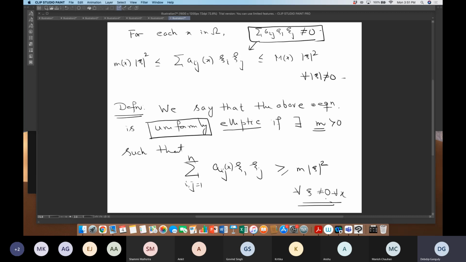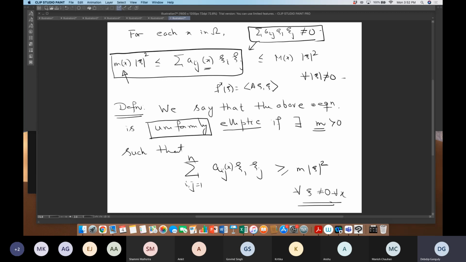Is that clear? Here, using ellipticity, I have obtained a_ij(x) xi_i xi_j is greater than m(x) times |xi|^2. So this bound depends on x, right? This bound depends on x, because for each x I define a continuous function f_x(xi) by a_ij(x) xi_i xi_j, and we look at the set |xi| equal to 1, since it's a compact set.